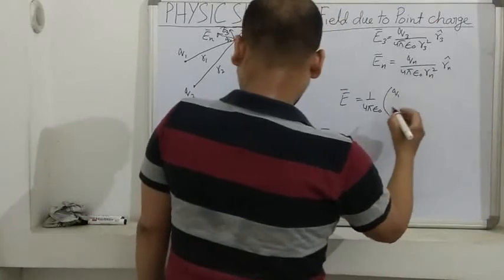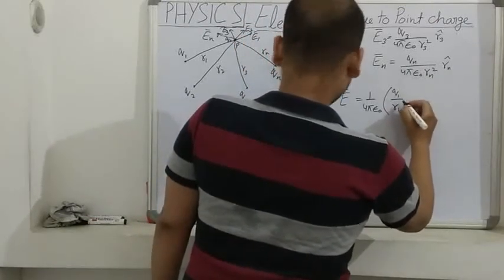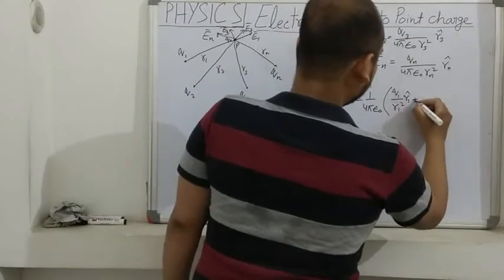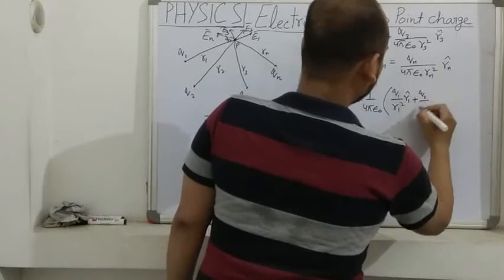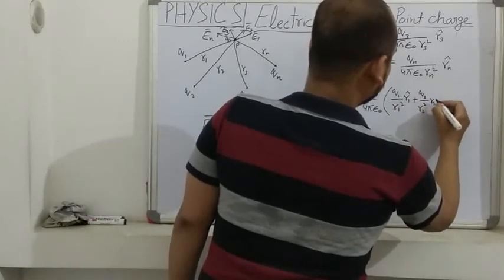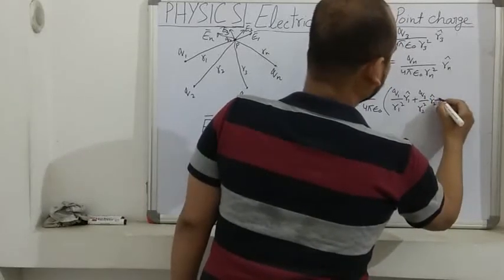So E will be equal to 1 upon 4 pi epsilon naught, Q1 upon R1 square R1 cap plus Q2 upon R2 square R2 cap, and so on.